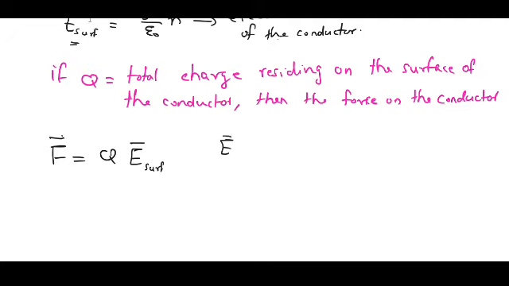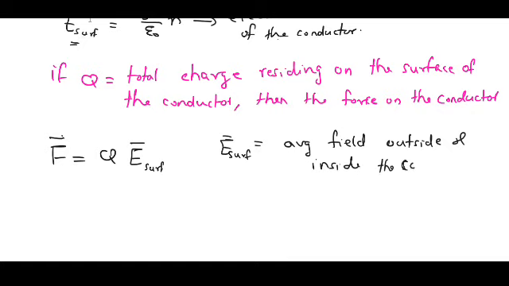That is, E surface is equal to the average field outside and inside the conductor. If it is an average, usually we take E out plus E in by 2.